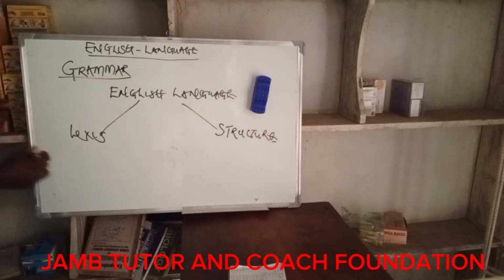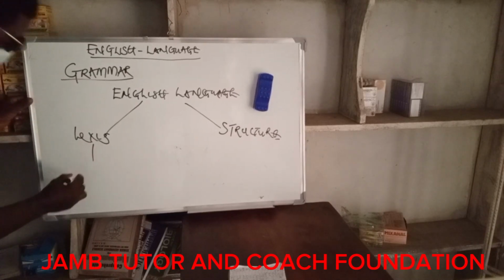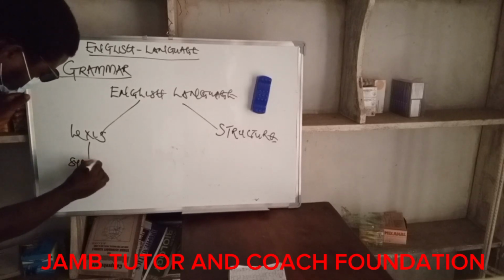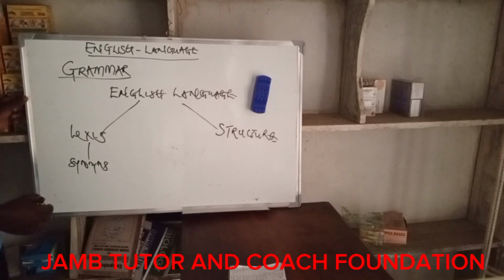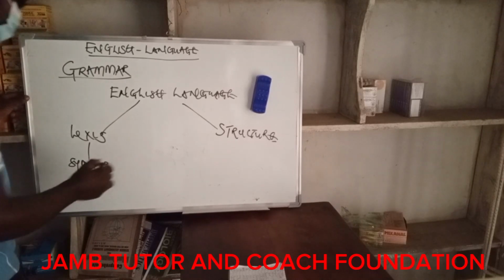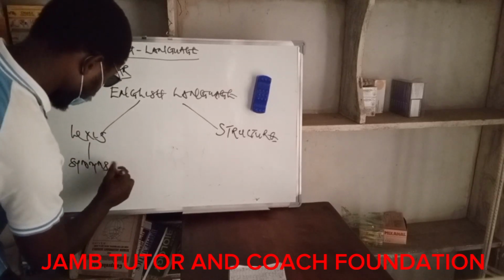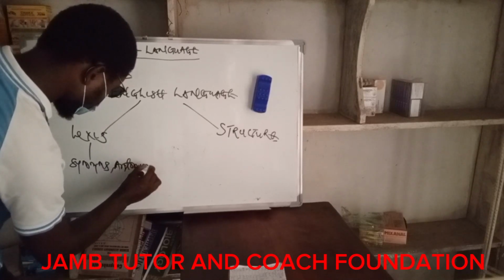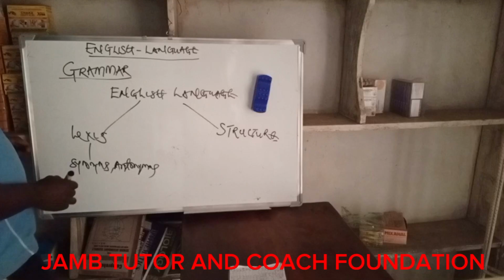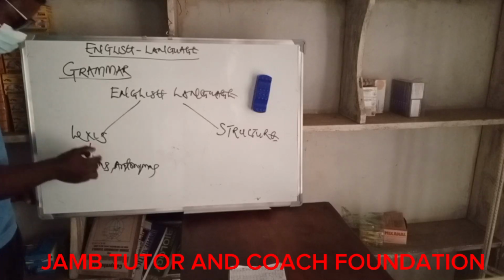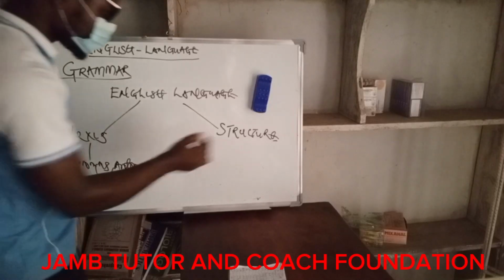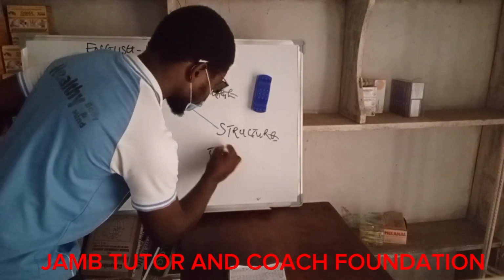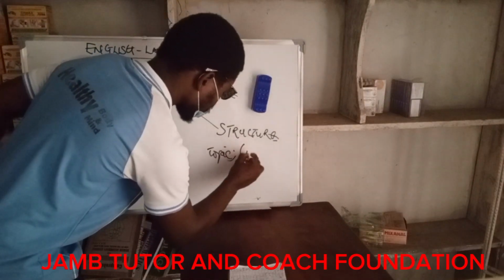Under lexis, we have topics like synonyms, antonyms, right? These are the topics under what? Lexis. Under structure, we have topics such as concord.